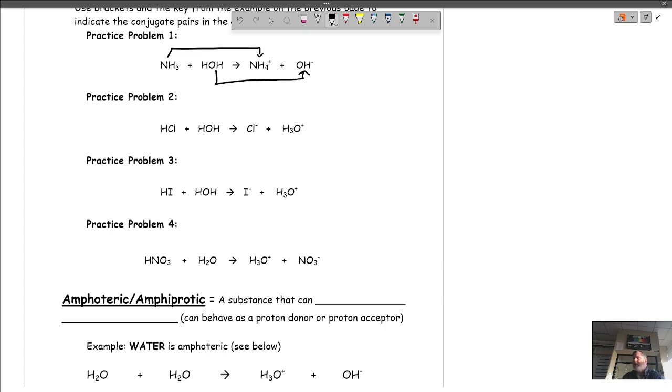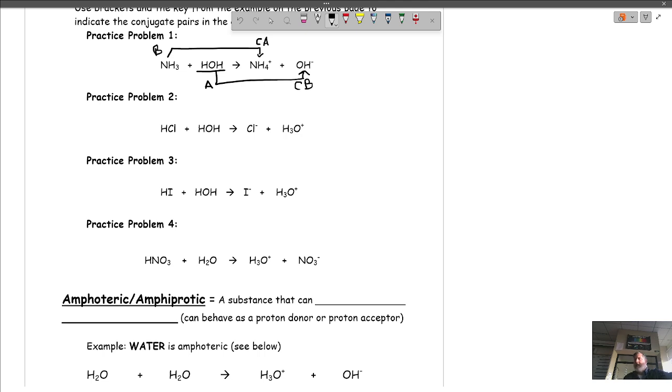And then I have to decide which one of these loses a hydrogen and which one gains a hydrogen. This one loses a hydrogen, so it's called an acid because anything that donates a proton, and therefore it's connected to a conjugate base. This one is a base because it gains a hydrogen, and therefore it's connected to a conjugate acid.